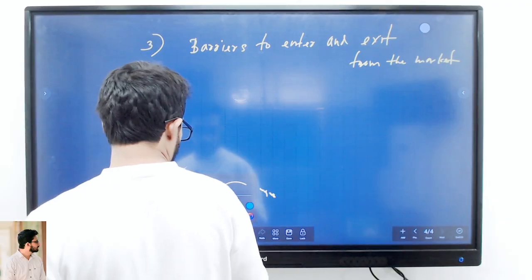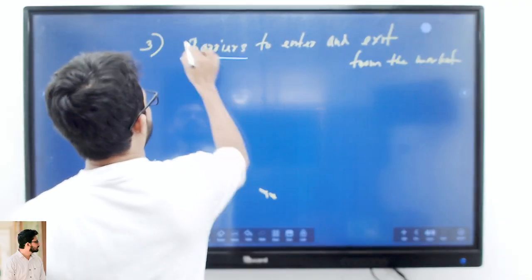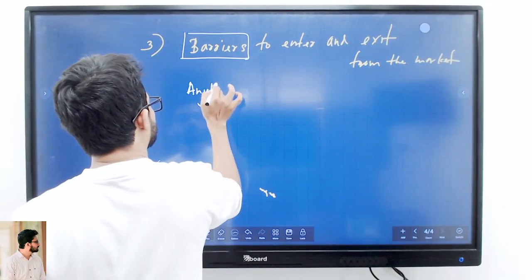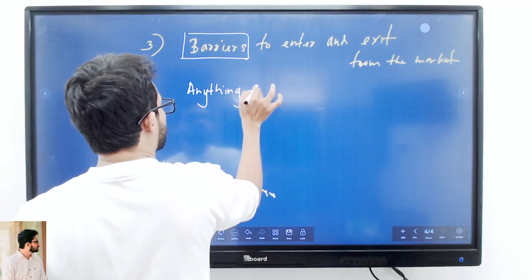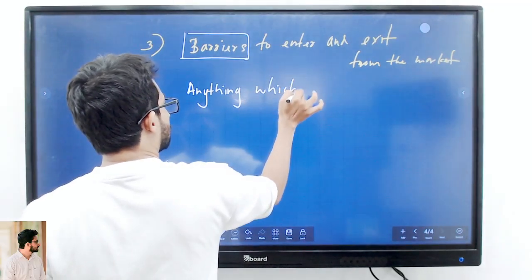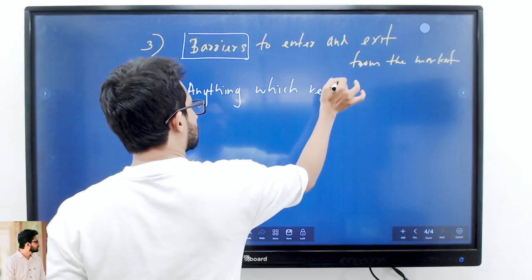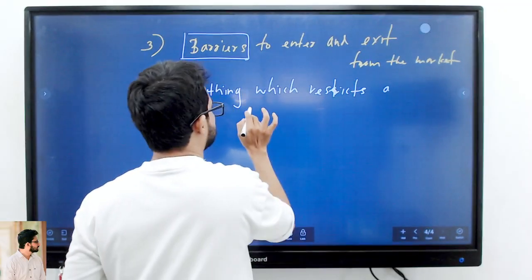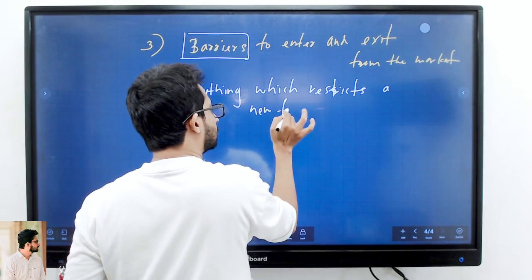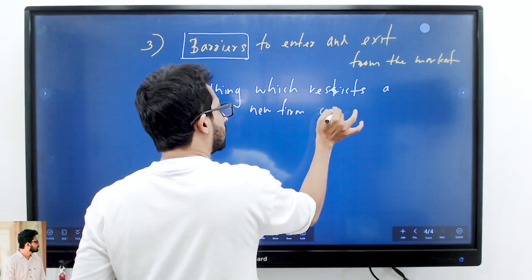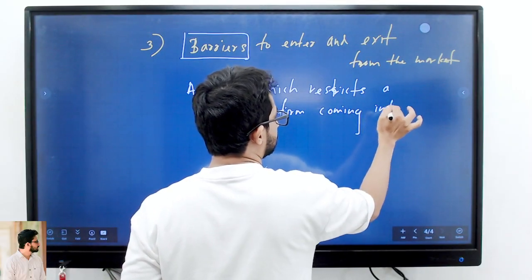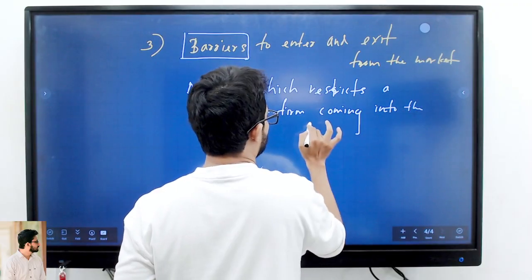But listen, barrier means anything. A barrier can be anything which restricts a new firm from coming into the market.